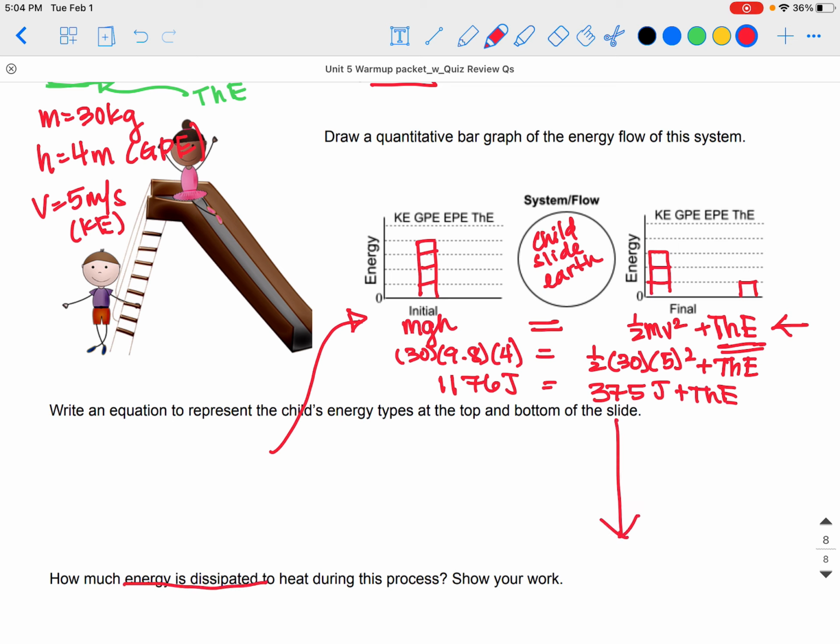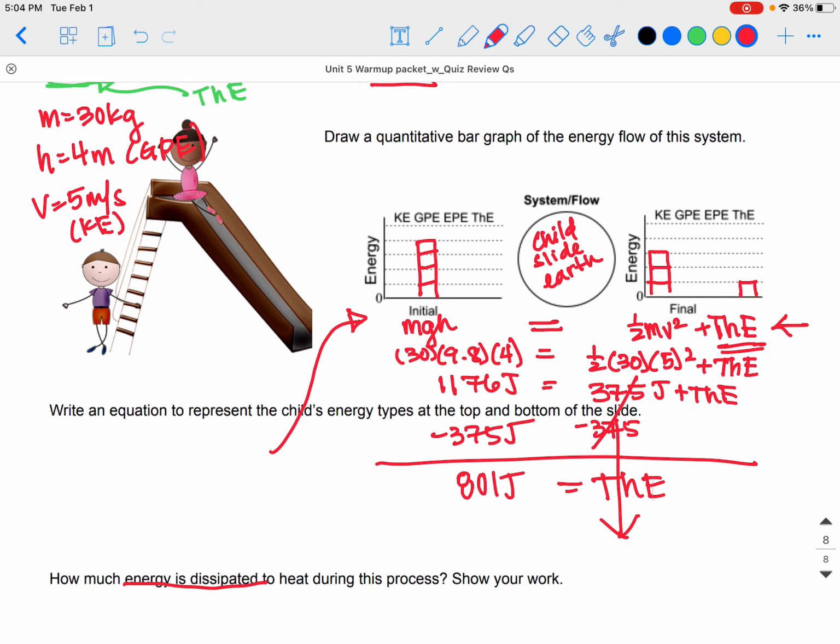I'm going to subtract the 375 from both sides because whatever answer I get here, 801 joules, is going to be the amount of thermal energy that is dissipated to heat during this process. So my answer for this question is right up here.